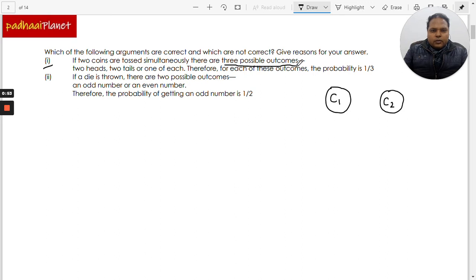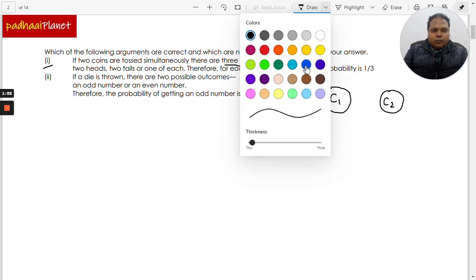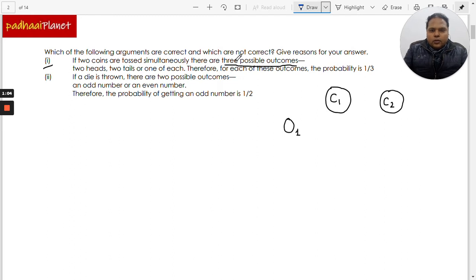One outcome is outcome 1. What is the outcome? From both the coins we may get heads, right? So this is outcome number 1.